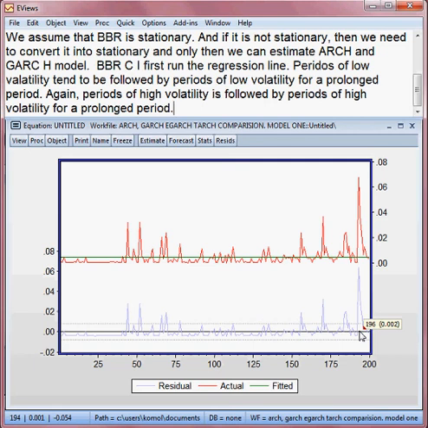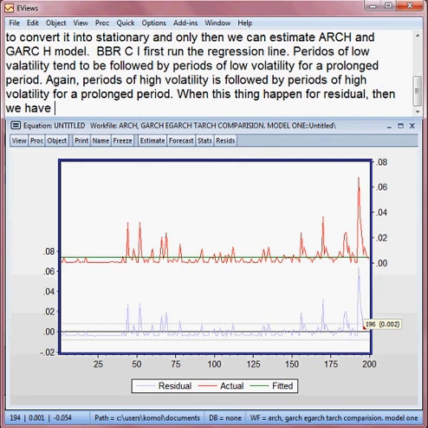So when this thing happens for residual, then we have all justification to run ARCH family model, right?